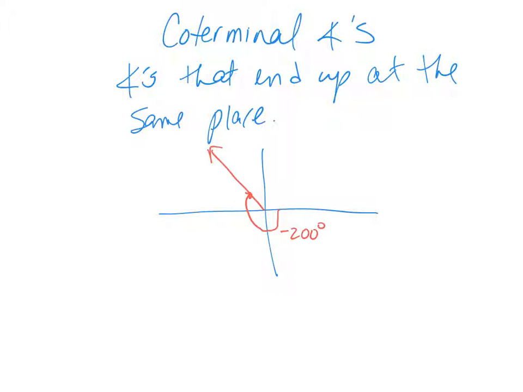That circle thing, infinite times. Yeah, I can find an infinite number of coterminal angles because I can go around twice, I can go the other way, but you're going to do this very simply.